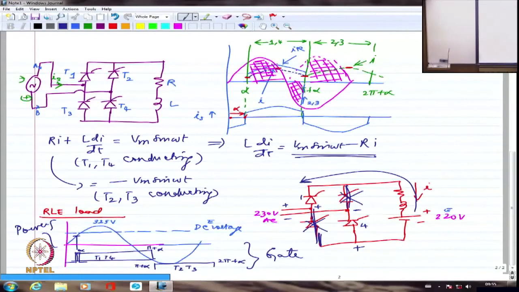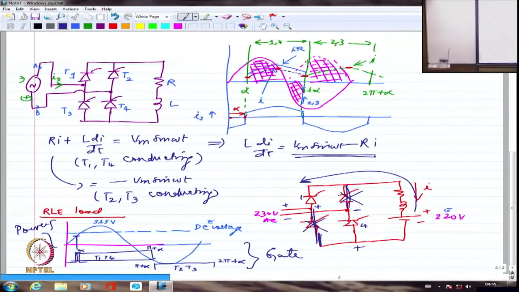We are having a pulse given here. So if I am having one pulse here, it is not going to allow the SCR to fire, especially under discontinuous conduction. So I might have to give it a fair chance to conduct by giving a wider pulse.